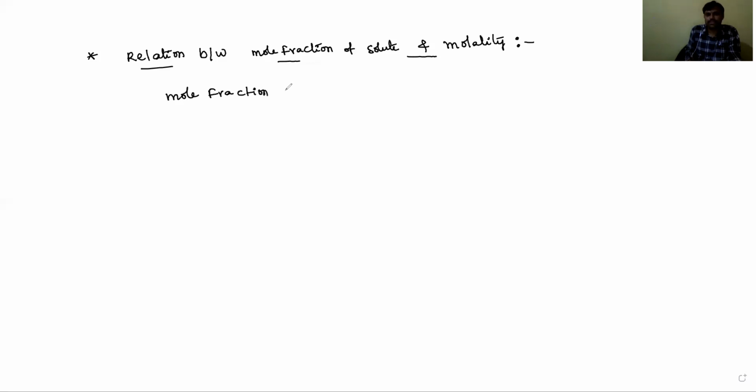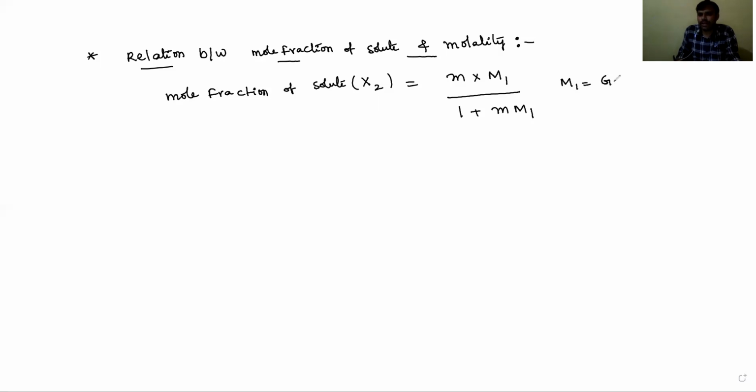The mole fraction of solute, that is X2, is equal to molality times gram molecular weight of solvent, divided by 1 plus molality times gram molecular weight of solvent, where capital M is equal to the gram molecular weight of solvent. Okay, students, this is one important relation.